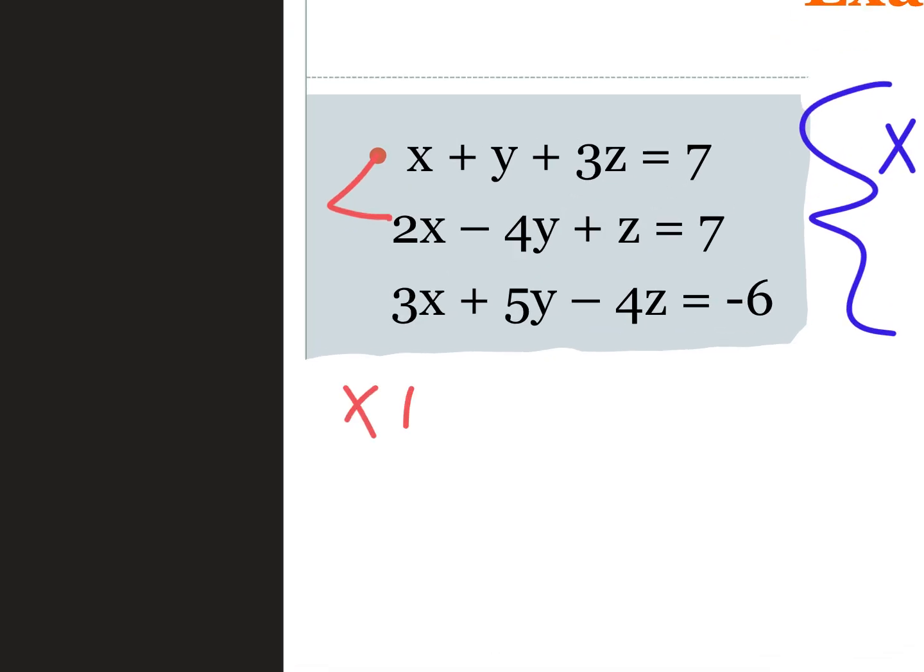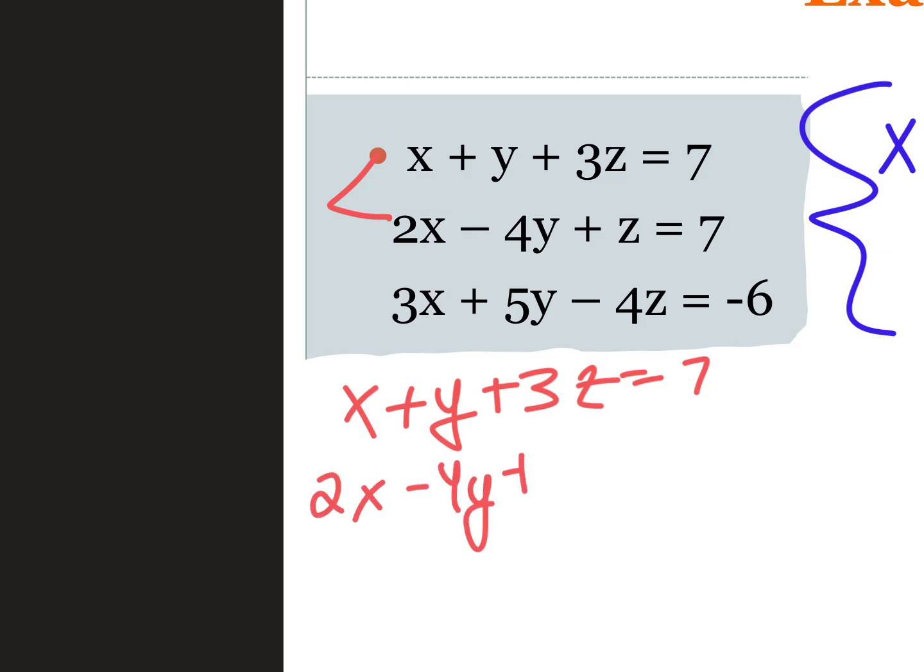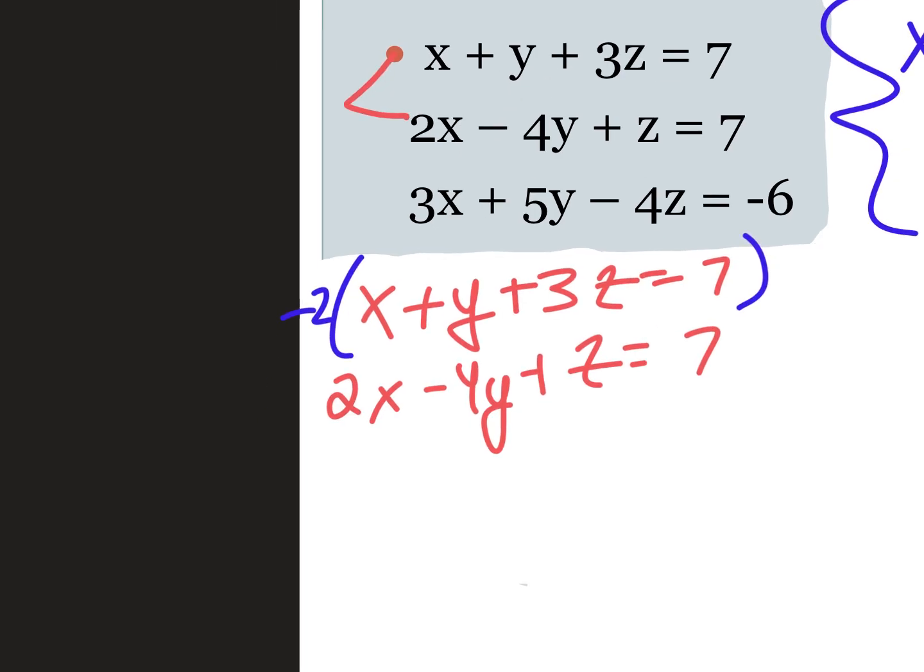I have x plus y plus 3z equals 7, and 2x minus 4y plus z equals 7. I'm going to multiply my top equation by negative 2, so my x's will cancel out. So I have negative 2x minus 2y minus 6z equals negative 14.